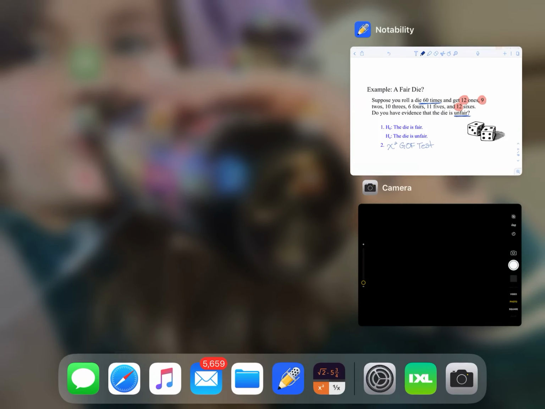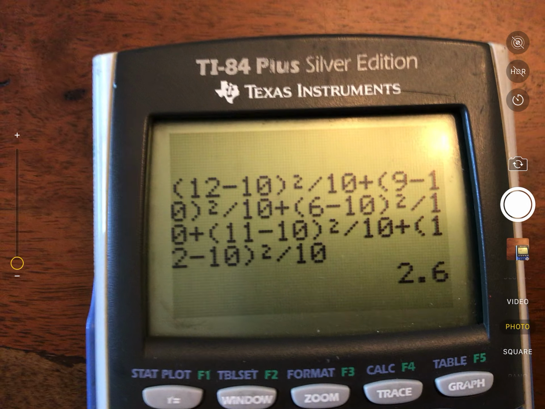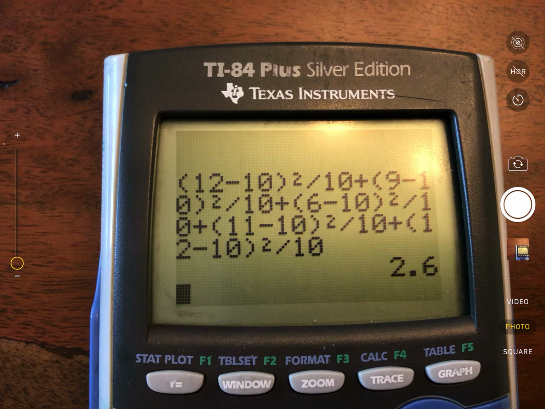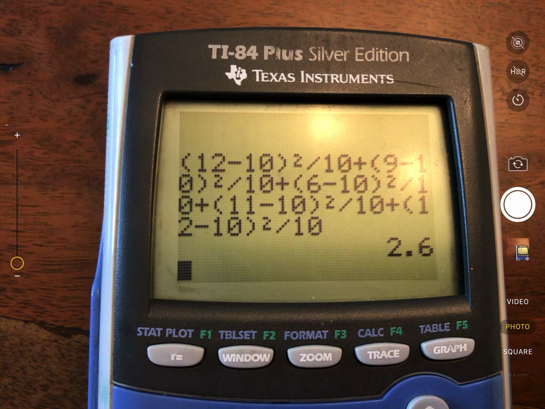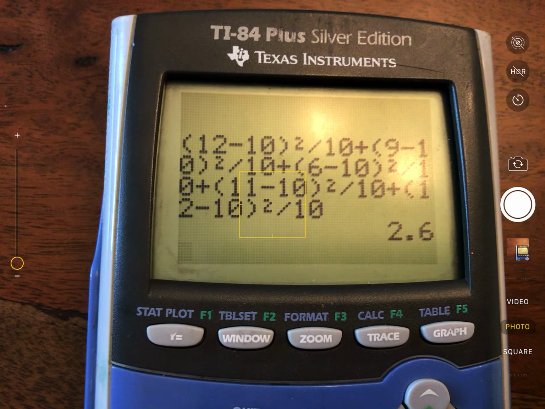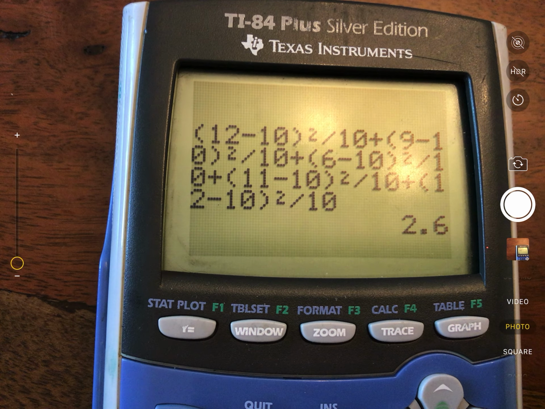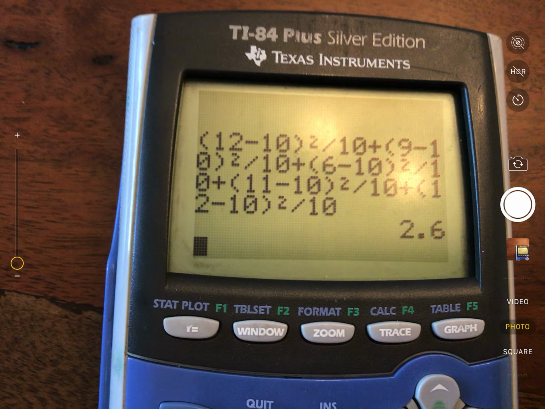And I do indeed get 2.6. The calculator is obviously much faster if you just put your data in your list, but you can do this by hand to get the chi-square value as well.